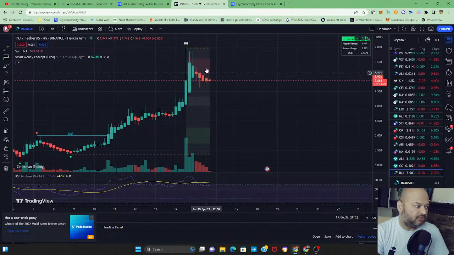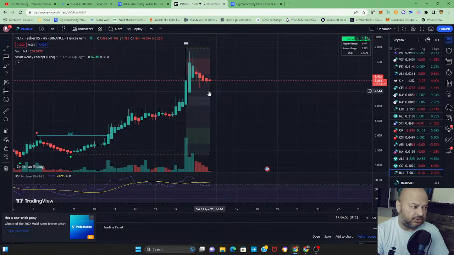This is the smart money concept indicator that I use. It has three major ranges. One is red, right at the top, and it uses a lot of algorithms, especially Fibonacci levels and all that. So it gives you an idea where we are at right now and where we can go.